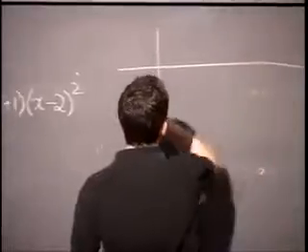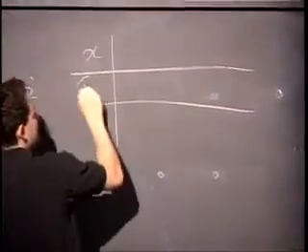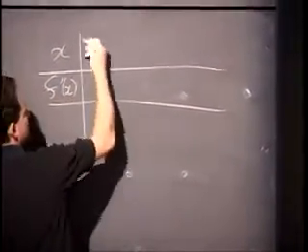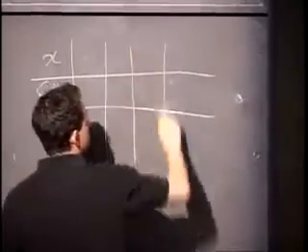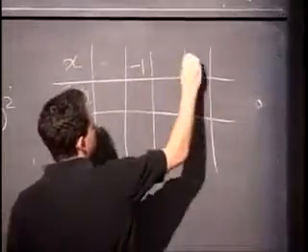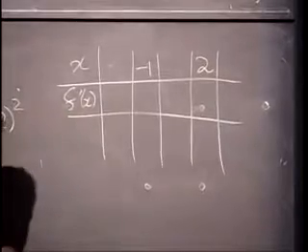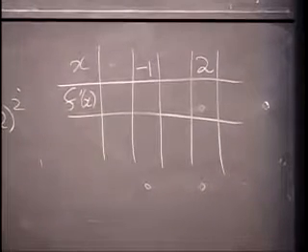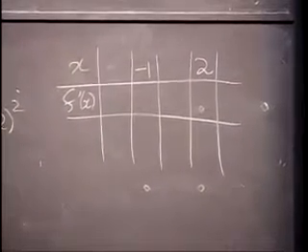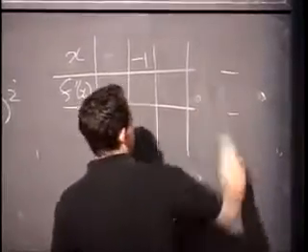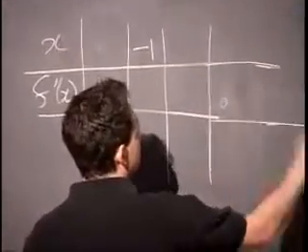Let's draw up a table of signs. We have critical points at -1 and 2. But unfortunately, we also have a vertical asymptote at 0.